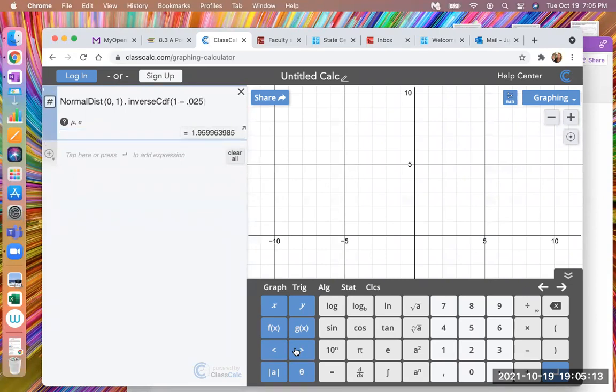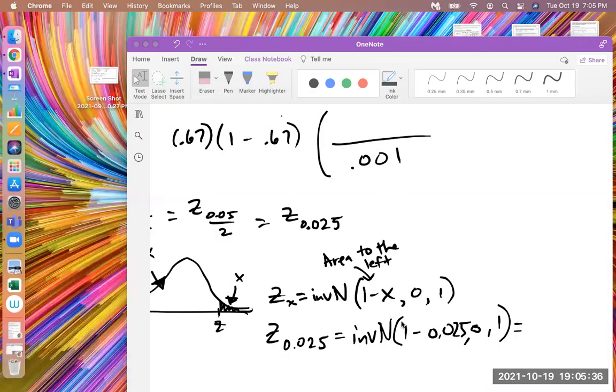That is the score that I want, 1.96 to 2 decimals. So Z alpha over 2 is 1.96.